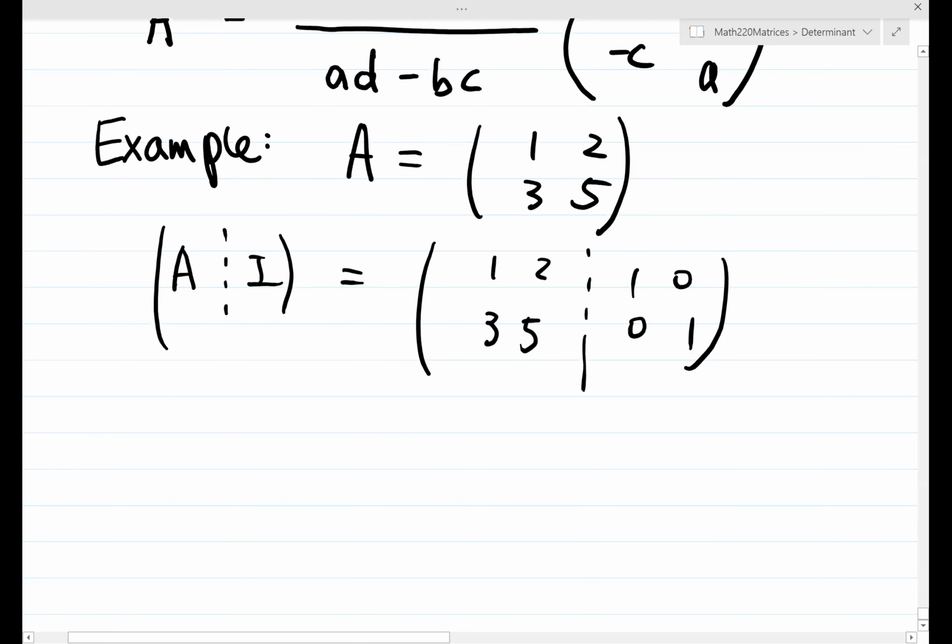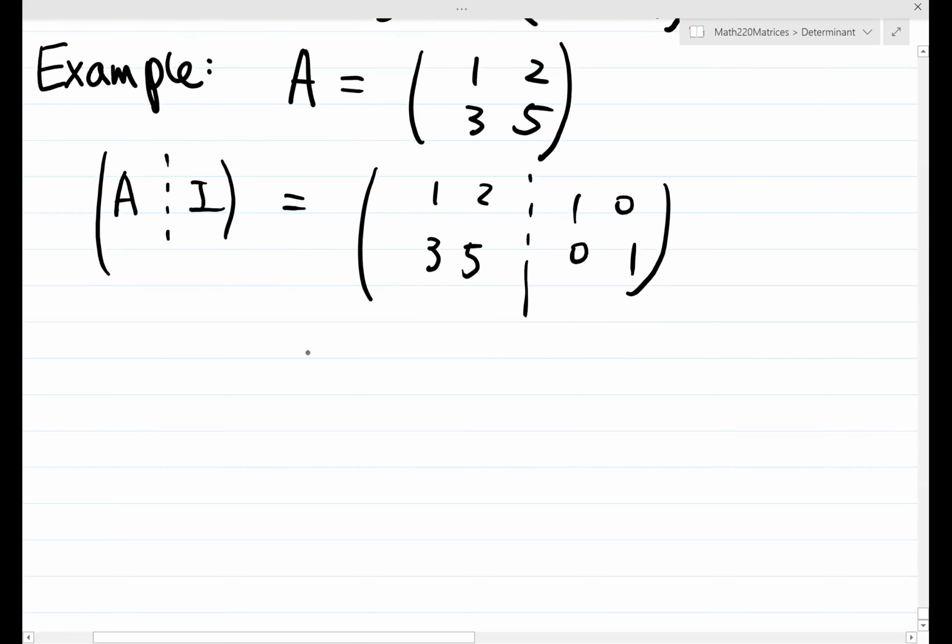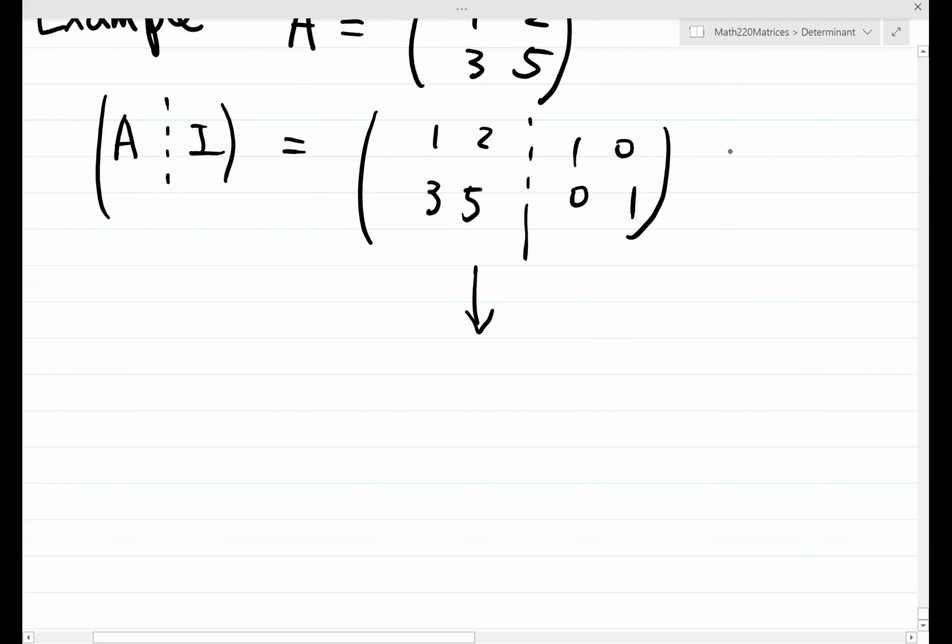So we use row operations. We use R1, R2: -3 R1 plus R2, replace R2.